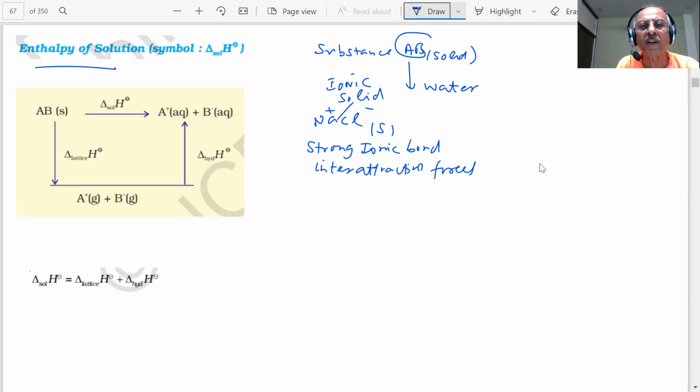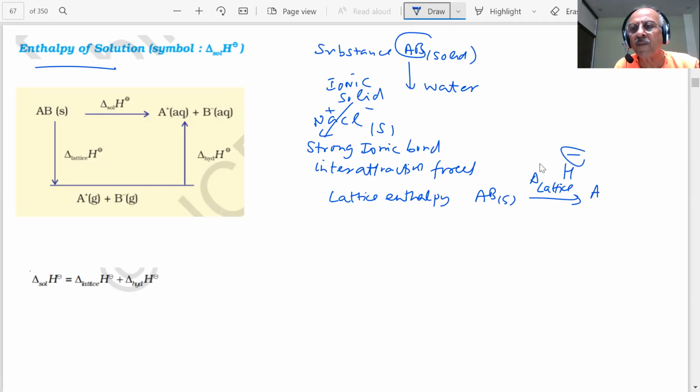First, to dissolve it, you will have to supply an energy, which is called lattice enthalpy. Lattice enthalpy means that energy which is required to break the solid into gaseous ions. So if I have AB solid, first you will need delta lattice enthalpy, which will break it into ions in the gaseous form. One is a cation, the other is an anion.